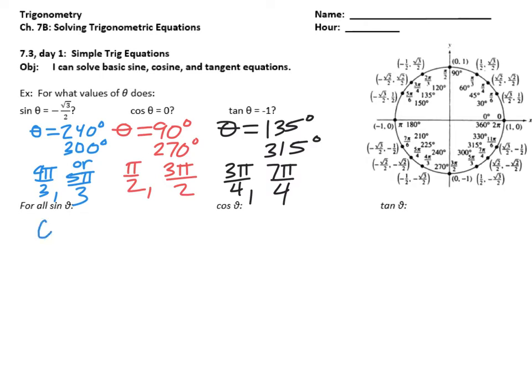To get your second answer, and you can verify each of these, you've got an example to go with it, okay? For sine, you take 180 minus your first answer, okay? Or if you want to talk radians, you would take pi minus your first answer, okay?